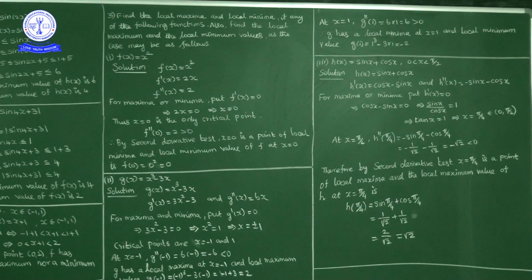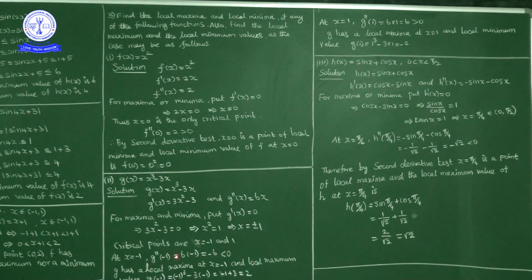So g dash of x equals 0 at x equals 1 and minus 1. So the critical points are 1 and minus 1. Next, we have to check the sign of g double dash of x at x equals 1 and minus 1. Now g double dash of minus 1: g double dash of x equals 6x, so g double dash of minus 1 is minus 6, which is negative.